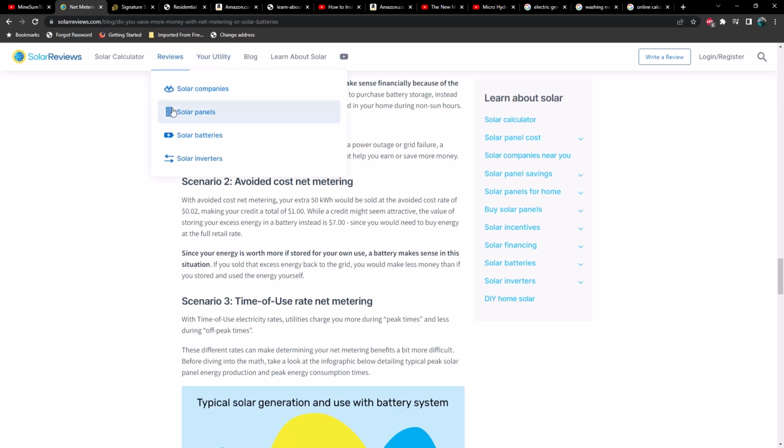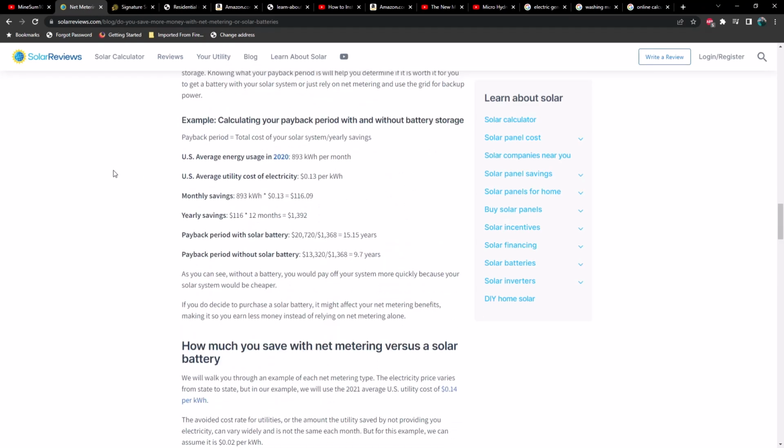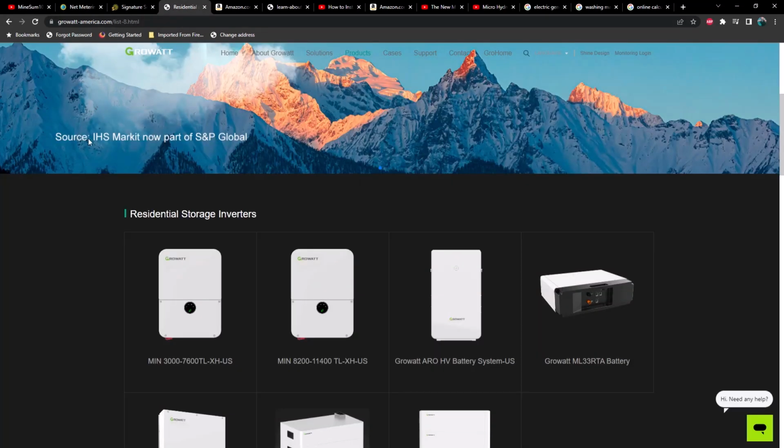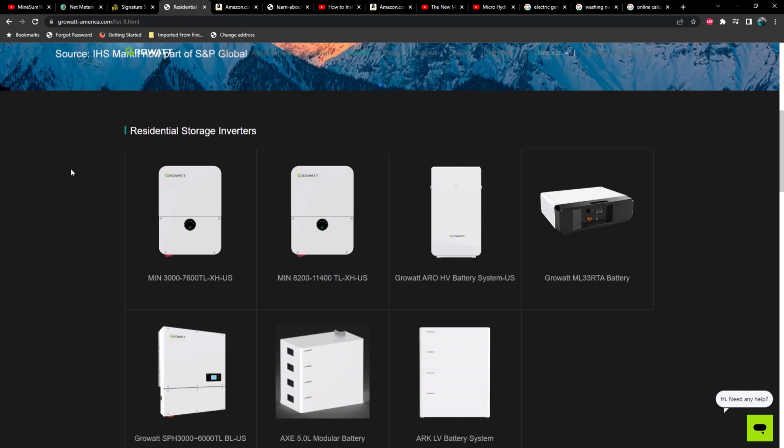Let's go ahead and move on to some of these different inverters that you can purchase. So we're going to take a look at GrowWatt's website here. Now, granted, there are a lot of other companies that create grid tie inverters and off-grid inverters, but I've done a lot of research on the subject, and trust me when I say that GrowWatt is probably the most cost-effective solution, and also is a great product.